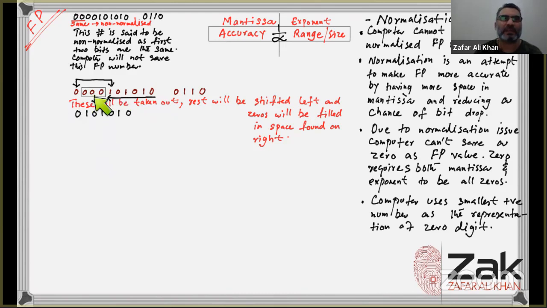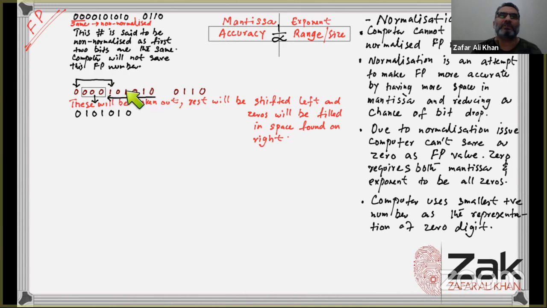So first we take it out. These bits will be shifted to the left, and on the right, 3 new spaces will be created because of the shifting, because the word size is the same. So in those 3 spaces, the bits which are being dropped may get back into the mantissa. So get the idea? Why do we normalize? Because if it is possible, we remove a few bits from the start so that if any of the bits are dropping, they can get back in.